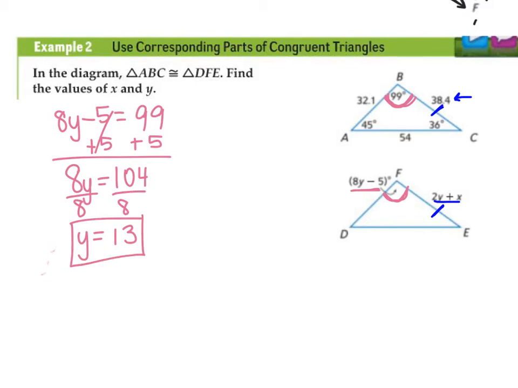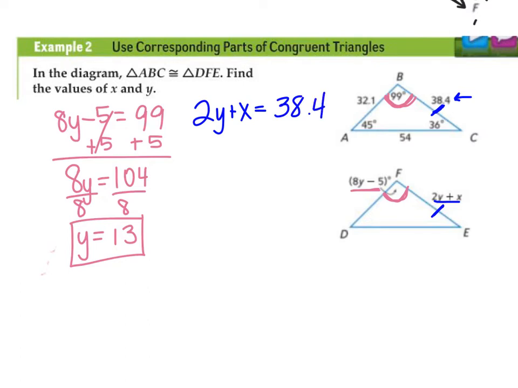Now I know my value of y, I can solve for x. We said earlier that side FE, or 2y plus x, is congruent to 38.4.